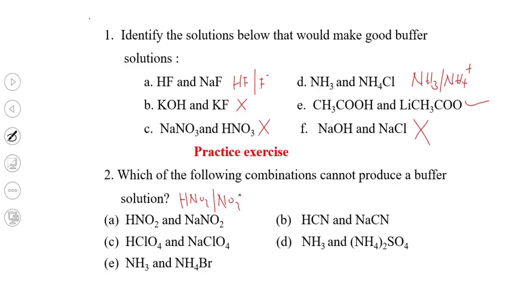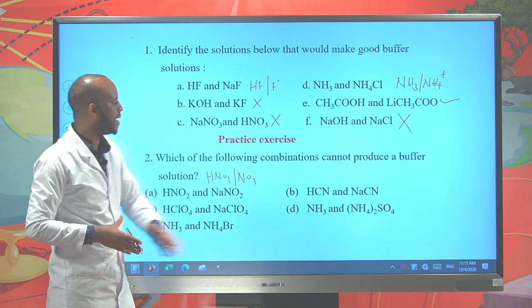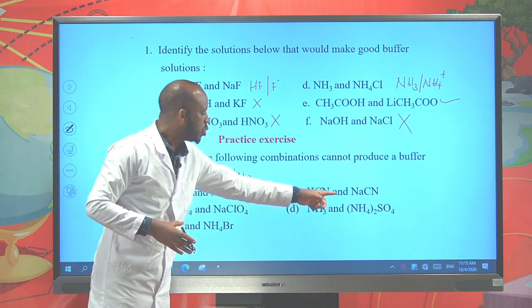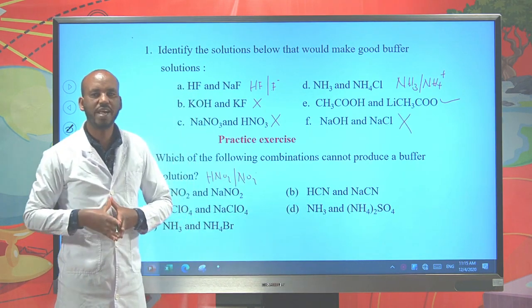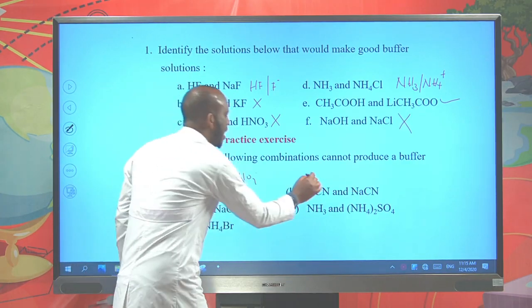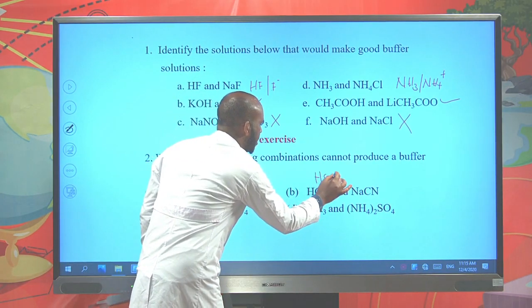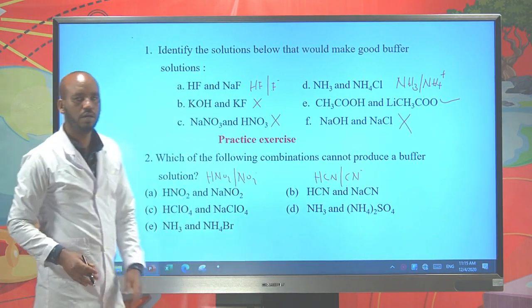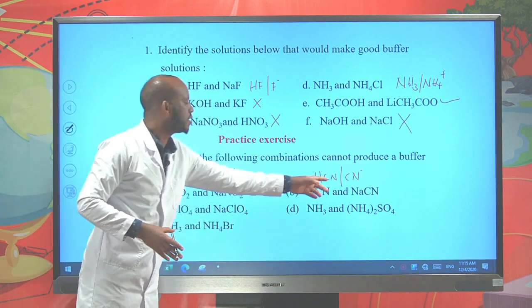B, hydrogen cyanide and sodium cyanide. Again, this is an acidic buffer solution because it contains a weak acid and its conjugate base, cyanide ion. You see, HCN and CN minus is an acidic buffer solution.